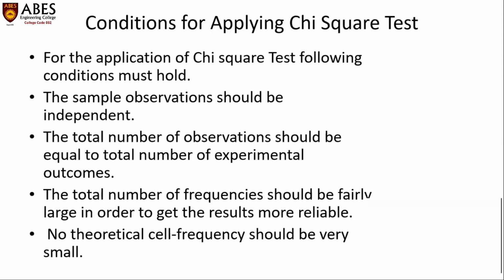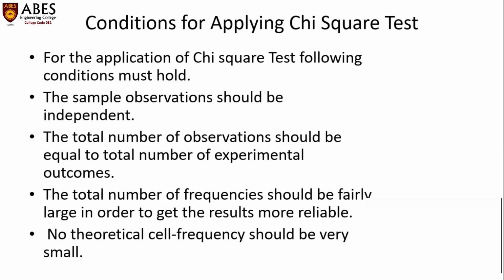Before applying chi-square test, there are certain conditions that we need to bear in mind. The first and foremost thing is that the sample observations should be independent of each other and also should not be influenced by external factors. The total number of observations needs to be equal to the total number of experimental outcomes.